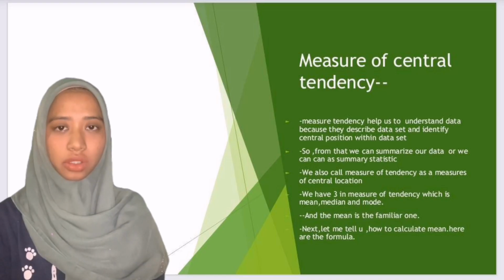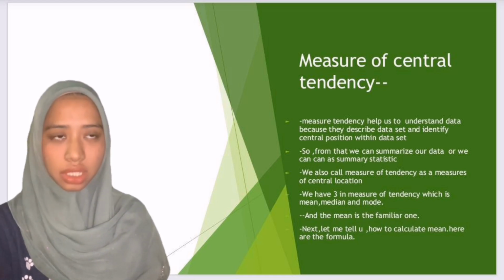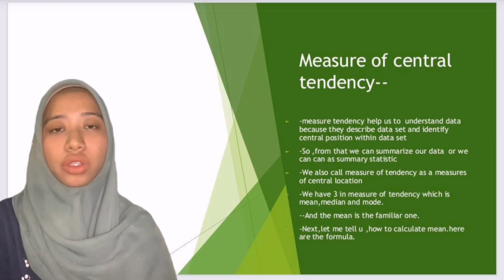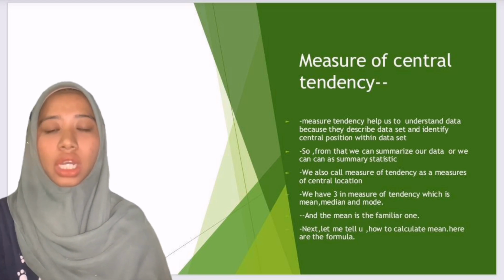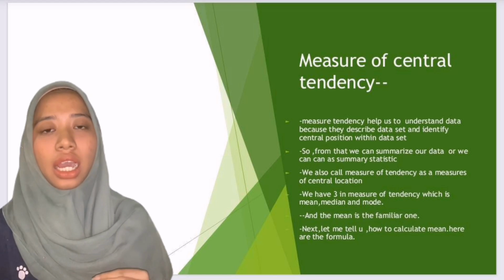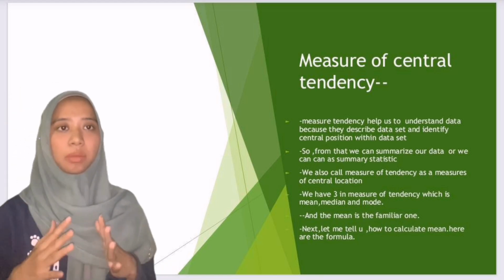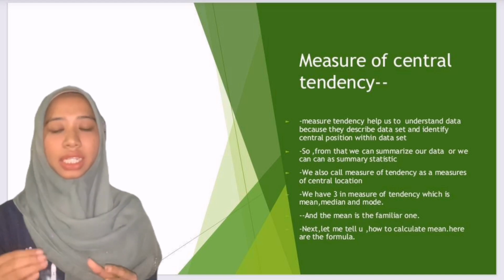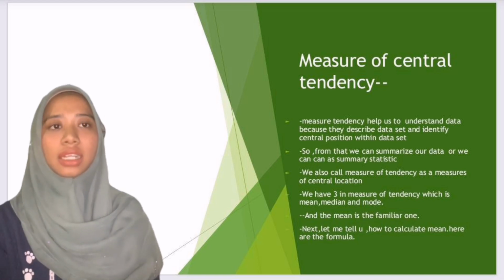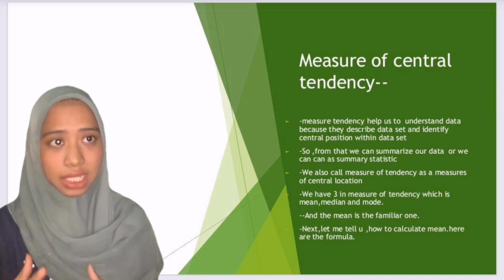Hi, my name is Asikin binti Daud and my matric number is HFT20203. Today, I will share with you about measure of central tendency and how to calculate it. Measures of central tendency help us to understand data because they describe a data set and identify the central position within the data set.